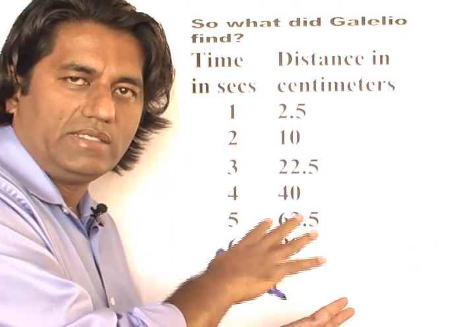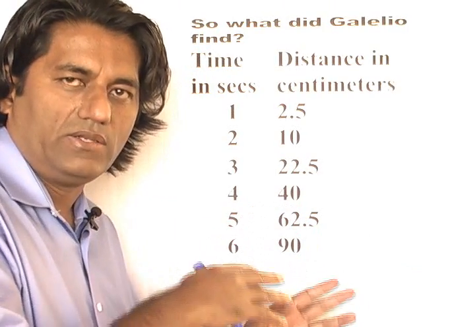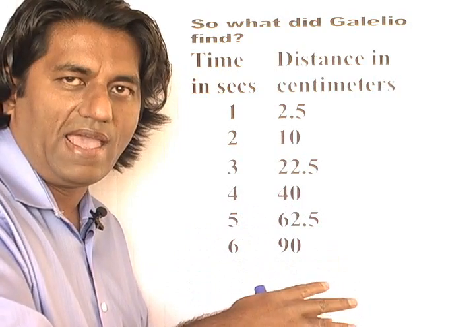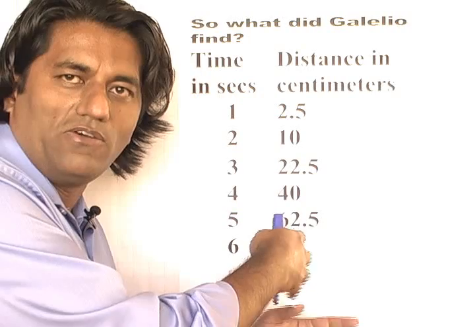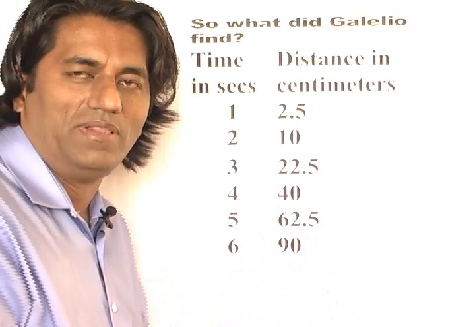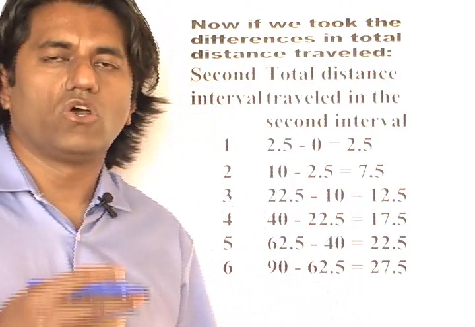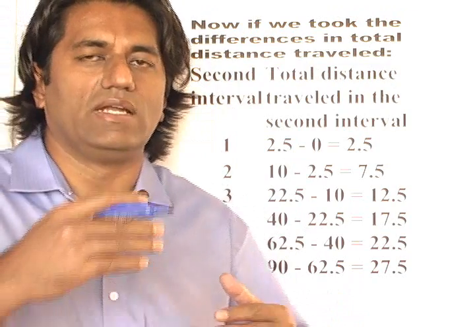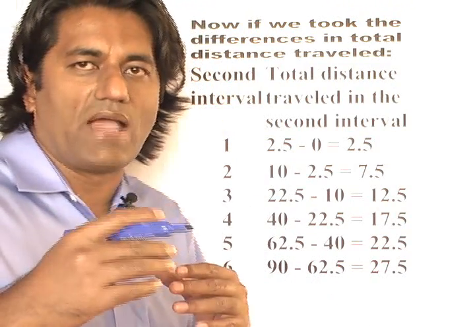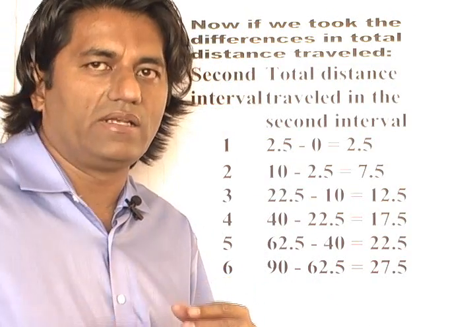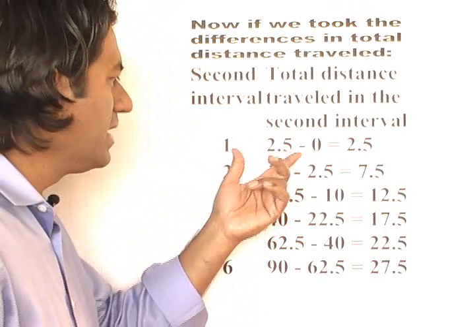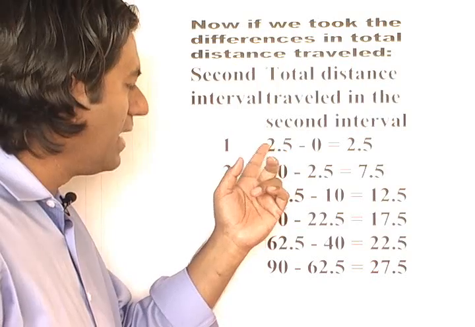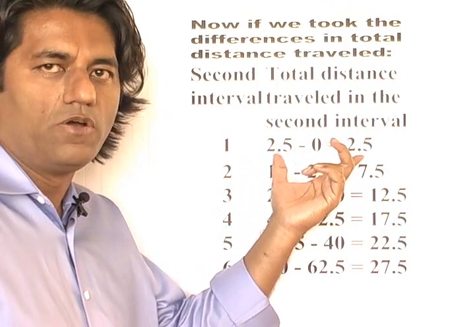So here is a table which is kind of what Galileo found, and next we are going to do a bit of processing on this table. So what if we looked at the difference in distance traveled for each second time interval? Well, in the first second it was going to be 2.5 minus 0.